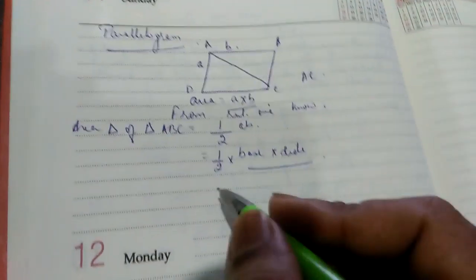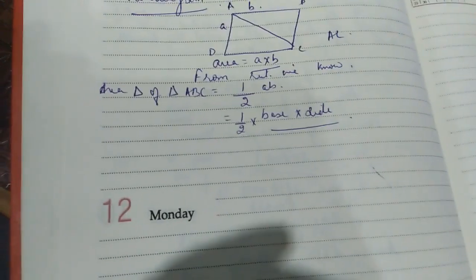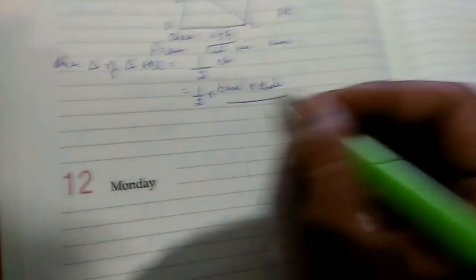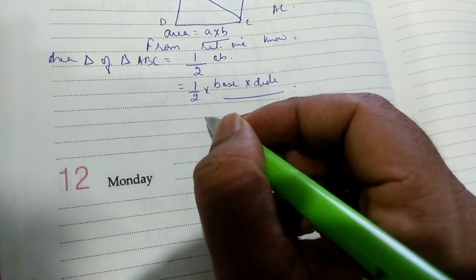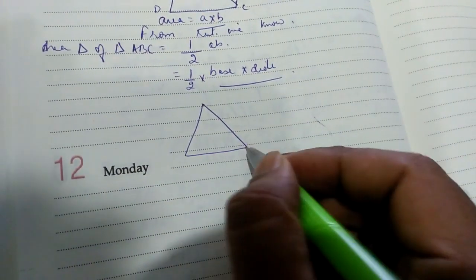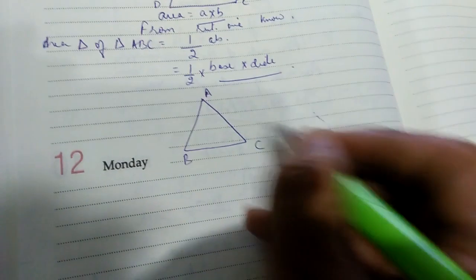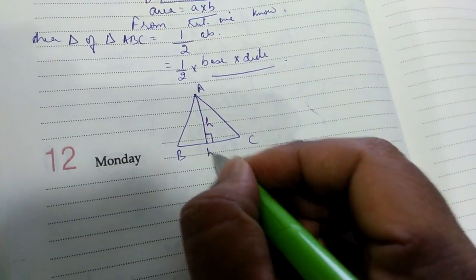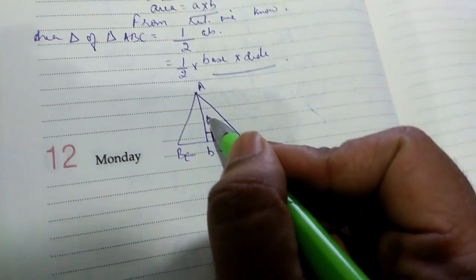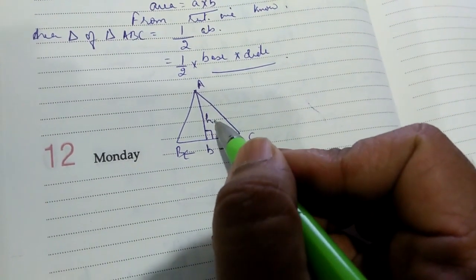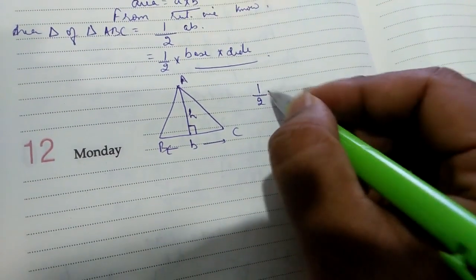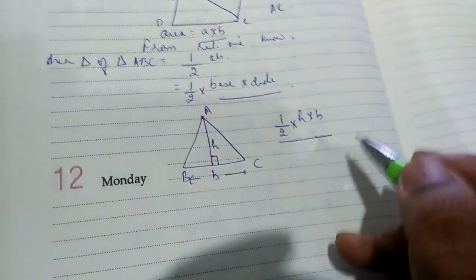So one other formula for the area of a triangle is this. If this is a triangle ABC, and this is a perpendicular on the base B, and the length of the perpendicular is, let's say, H, so area is half into H into B, which is half height into base.